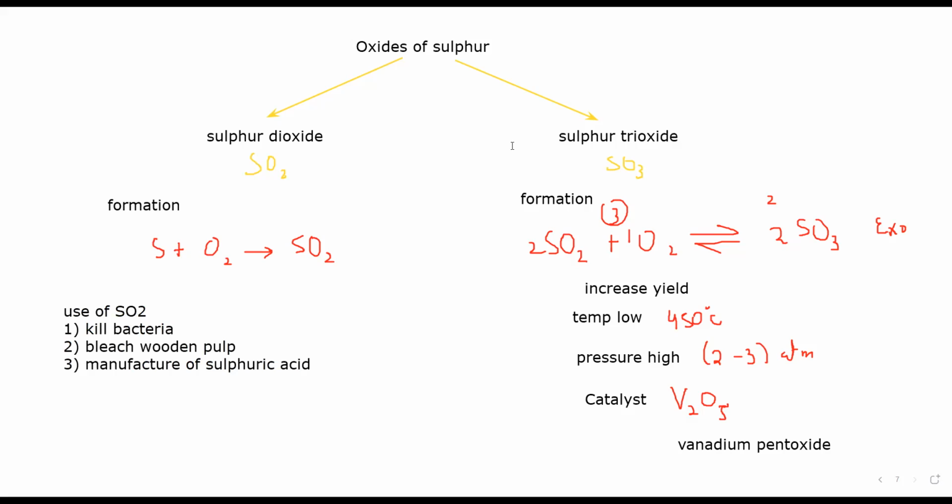To remove the color and make it white, sulfur dioxide is passed. Through a chemical reaction, sulfur dioxide causes decolorization of the wooden pulp, so it becomes white. On that white paper you can have a print of different things, like an image, but the first thing is making it white. So how are we making it white? By using sulfur dioxide.